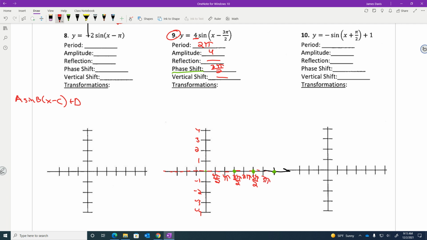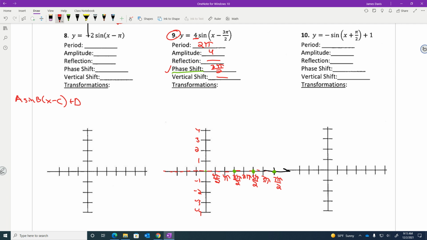Okay. And then what about after that? 7 pi. Okay. So 1 pi over 2, 2 pi over 2, 3 pi over 2, 4 pi over 2, 5 pi over 2, 6 pi over 2, 7 pi over 2. Okay. So they're shifted over to the phase shift. Check that one out real good.